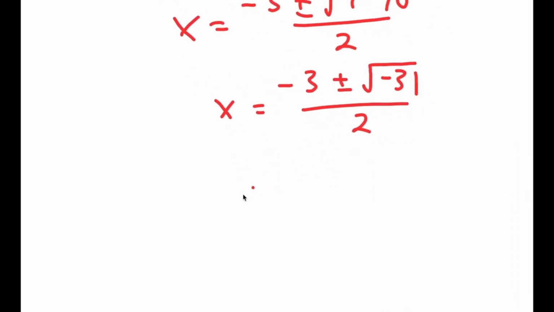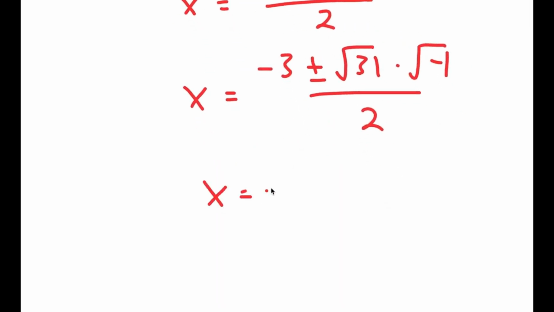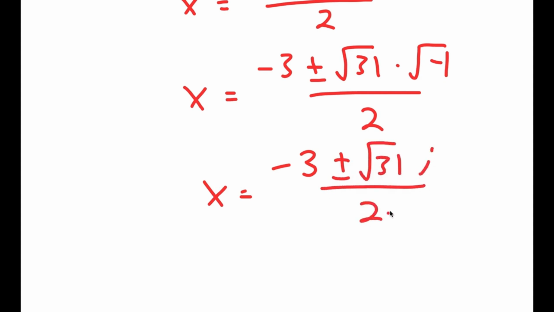And the square root of negative 31 is the same thing as the square root of 31 times the square root of negative 1. And if you guys already know, the square root of negative 1 is equal to the imaginary number i. So I get negative 3 plus or minus the square root of 31i over 2.